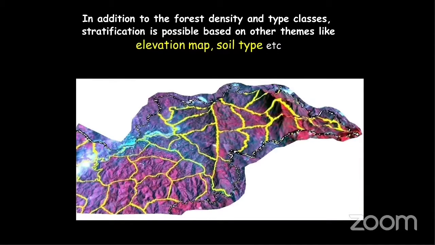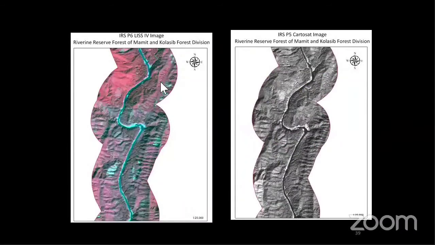This is an example from a riverine forest in the Kolasib division of Mizoram. What is important there is that 200 meters from both sides of the river is defined as the riverine reserve forest. If you see this image, this is a LISS-III image, and this is a panchromatic image. They look almost similar.